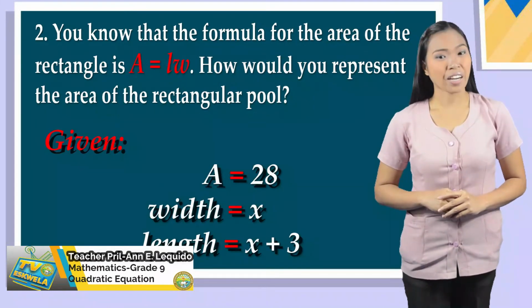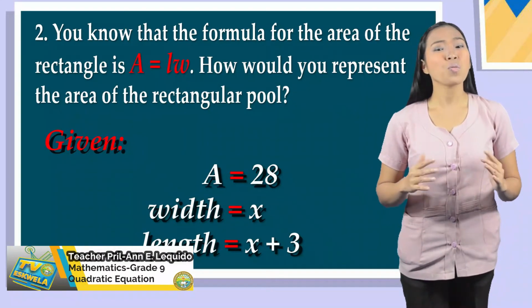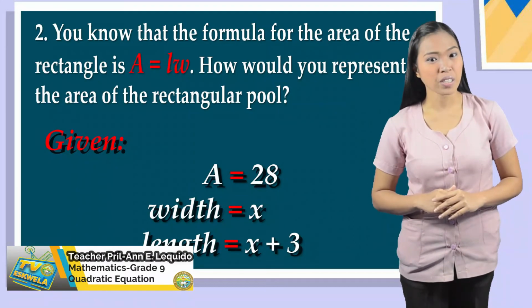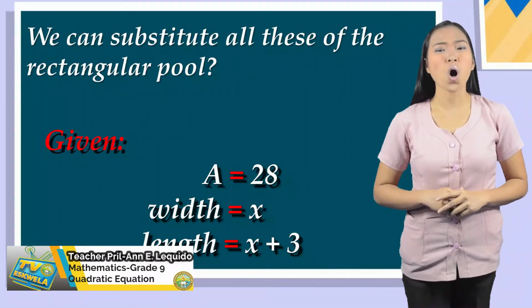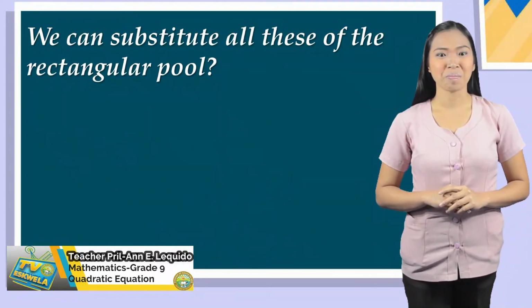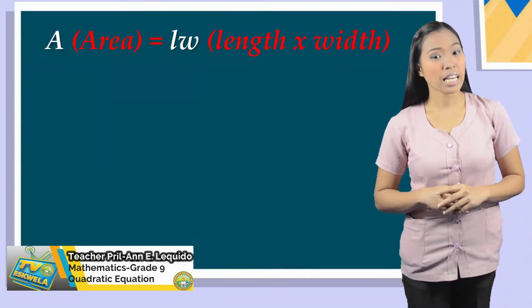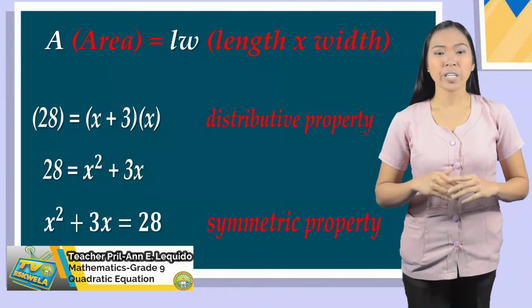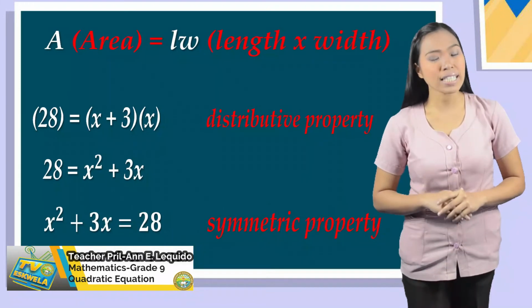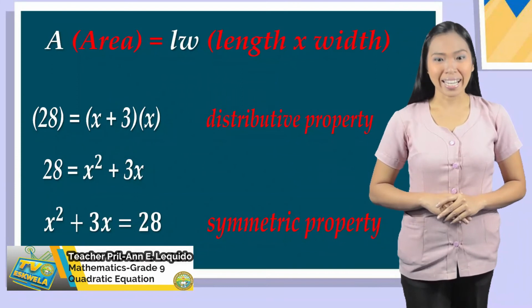Given that the area is 28 and the width is x, and we represented the length as x plus 3, we can substitute all these to the formula for the area of a rectangle. That is, area equals length times width becomes 28 equals the quantity x plus 3 times x.